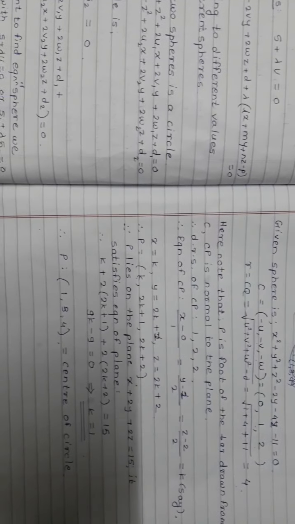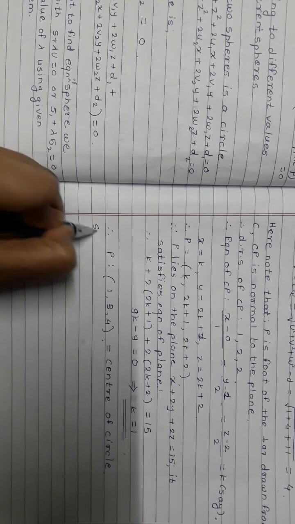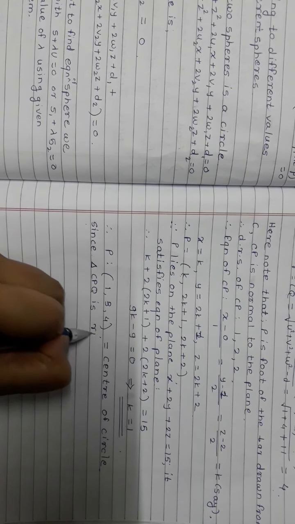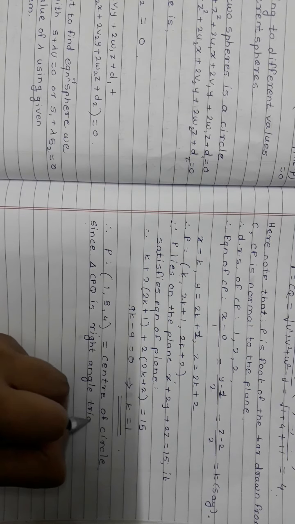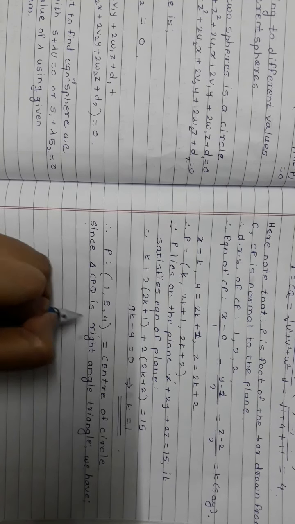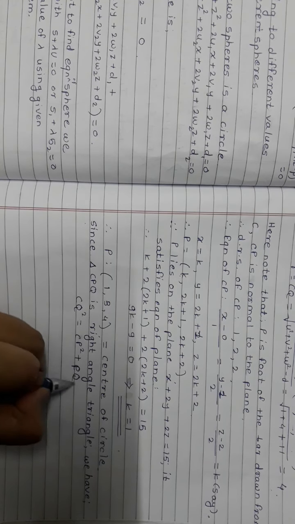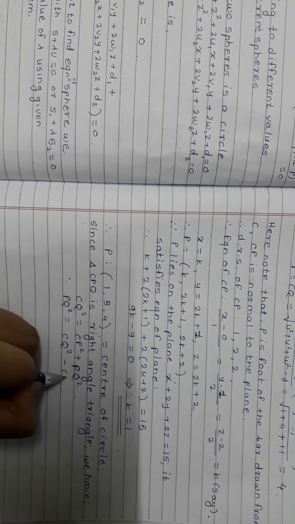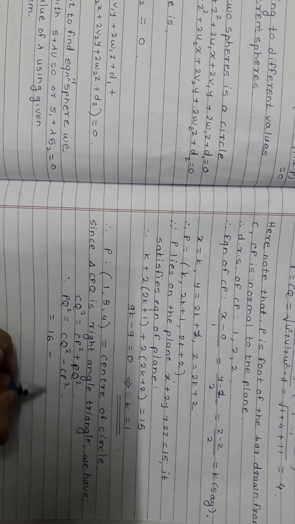Since triangle CPQ is a right angle triangle, what do we have? We have here CQ square is equal to CP square plus PQ square, right? So therefore what is PQ square? CQ square minus CP square. CQ is 4, so this is 16 minus, what is CP square?